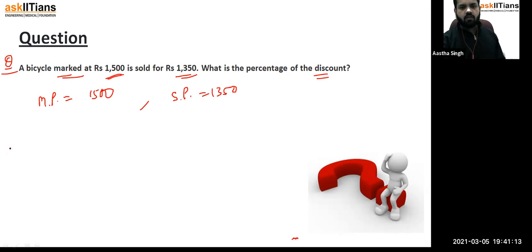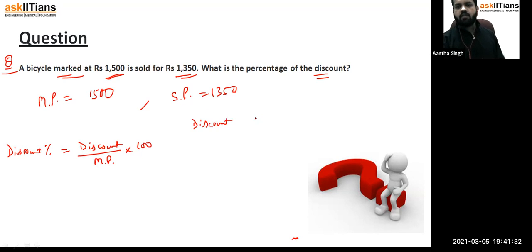Guys, discount percentage is what? Discount divided by market price, multiplied by 100. And what is discount? Discount is market price minus selling price.